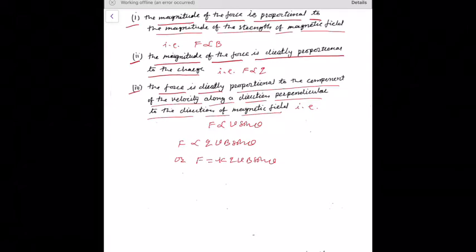In SI system, when B is measured in Tesla, q in Coulomb, and v in meter per second, then the value of the constant K is found to be 1. Therefore, F is equal to qvB sine theta.